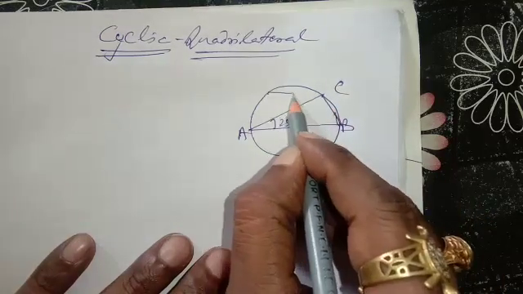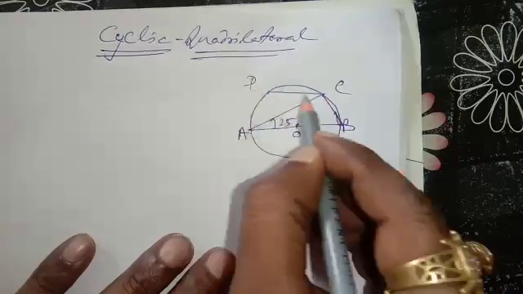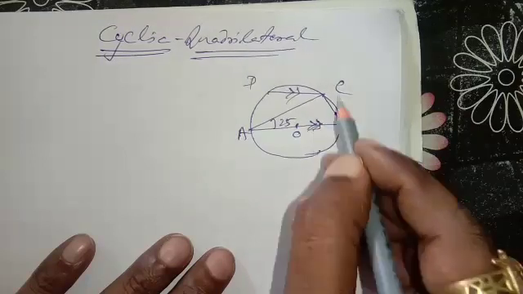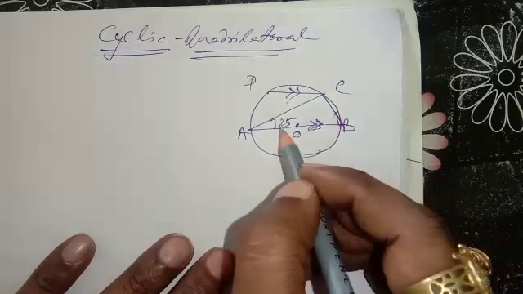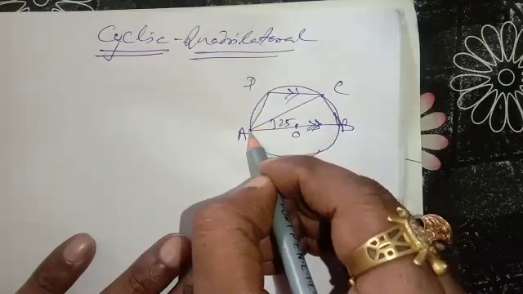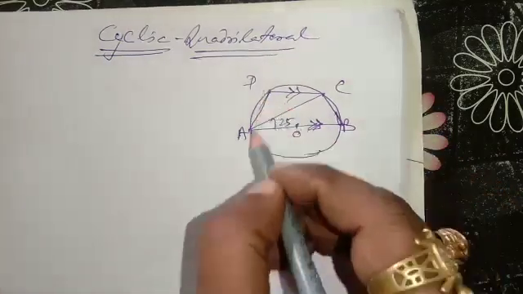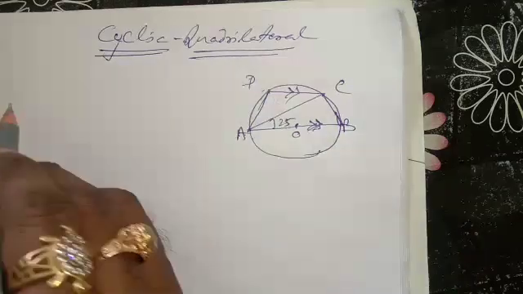This line CD is parallel to AB. Now join, and you have to find out angle DAC.